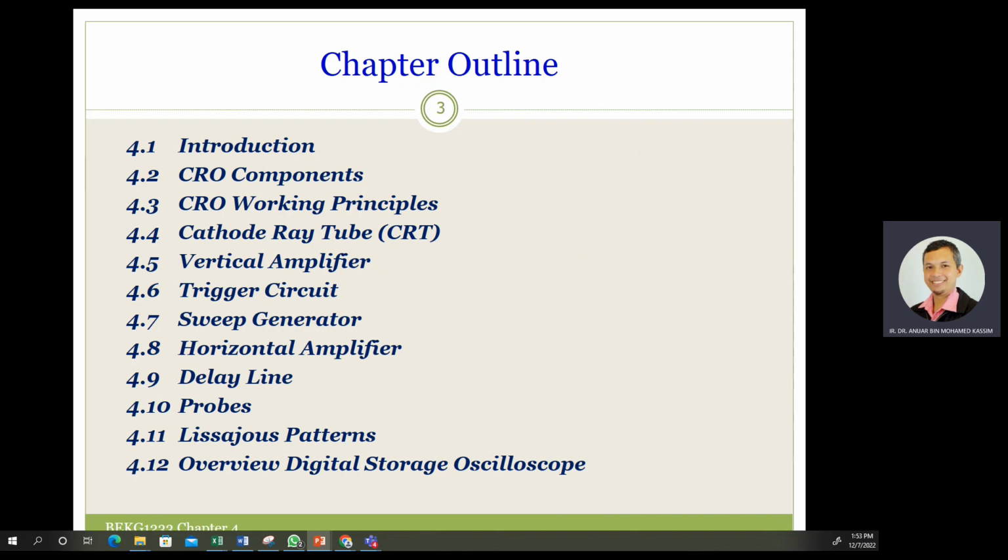Then the vertical amplifier inside the oscilloscope, including the trigger circuit, the sweep generator, the horizontal amplifier, the delay line, and also the probes that we usually use with the oscilloscope to capture the signal. Then the Lissajous patterns, which are commonly used in the analog oscilloscope. And lastly, the overview of the digital storage oscilloscope.